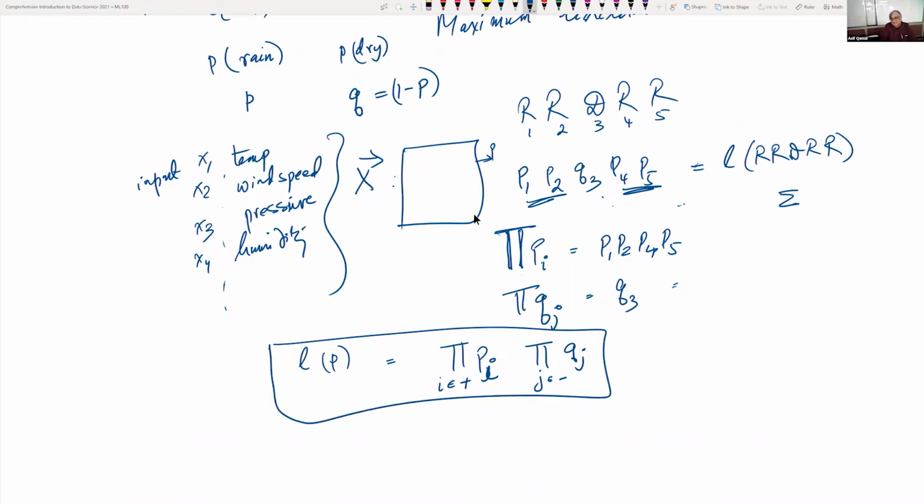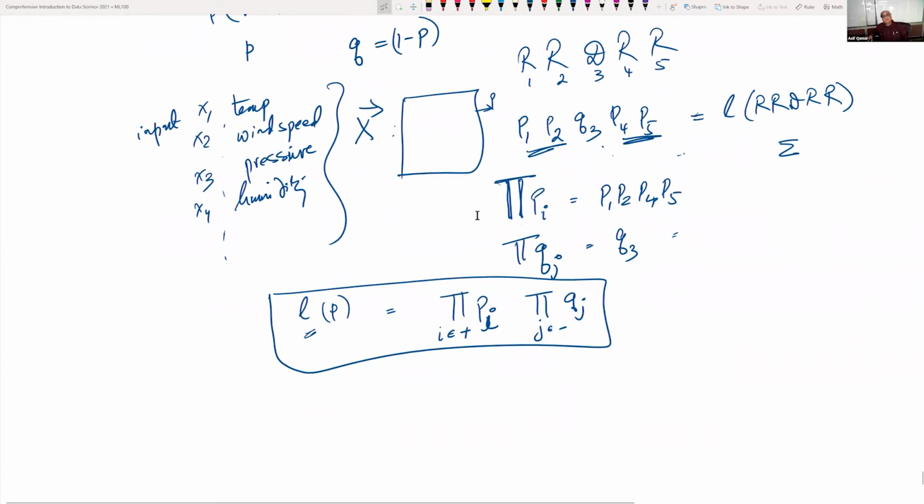All I've done is rewrite common sense as a more succinct expression, isn't it? And you would agree that you want to pick that value of P that maximizes L. Each probability value is a hypothesis, right?